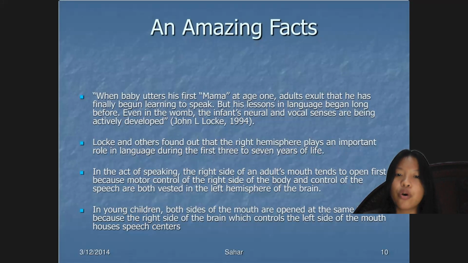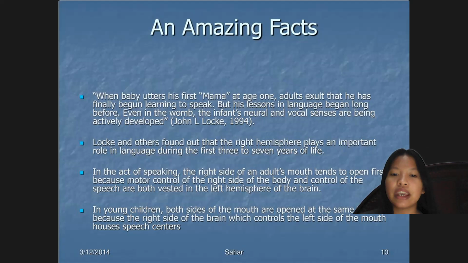Even in the womb, the infant's neural and vocal senses are being actively developed. About John L. Locke, Locke and others found out that the right hemisphere plays an important role in language during the first 3 to 7 years of life.